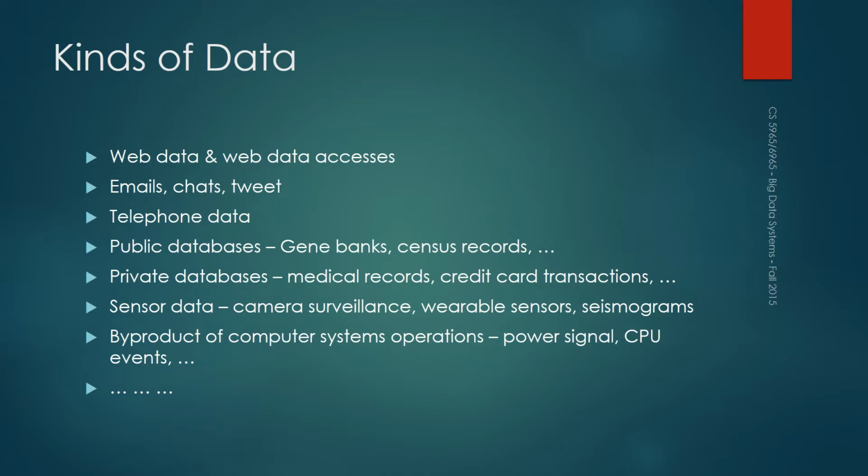Emails, chats, tweets are still predominantly text, not a huge amount of data, at least in terms of storage or being able to analyze it. If you start looking at telephone data, mobile, so the NSA might be tapping in and recording your conversations, this gets into the sound domain, unless you have somebody transcribing it and keeping it as text. So this is significantly bigger. You have public databases, gene banks, census records going back years.